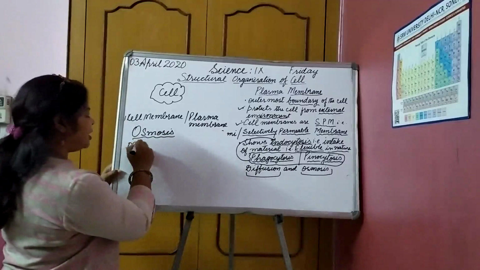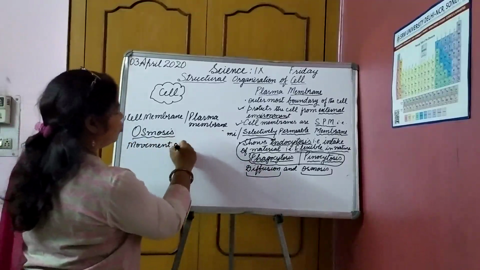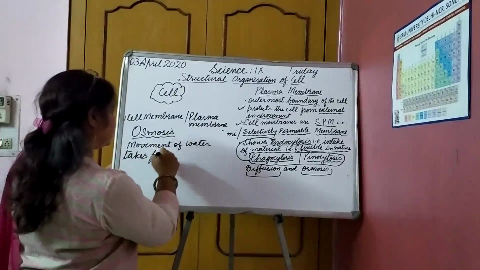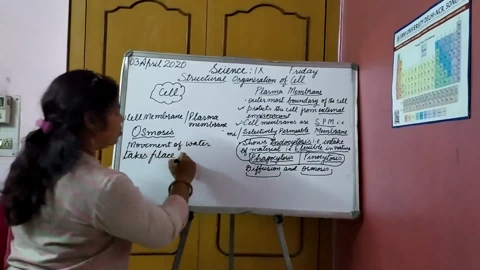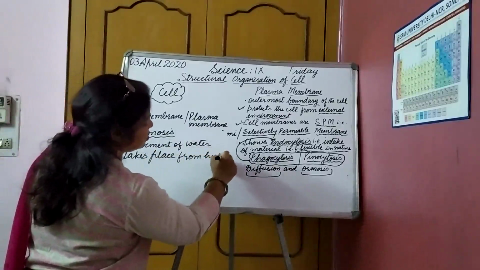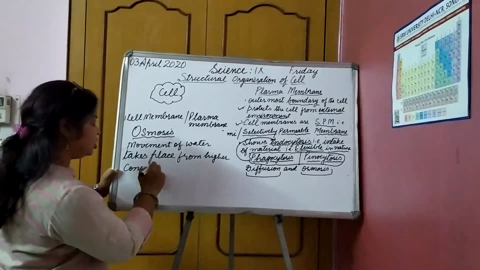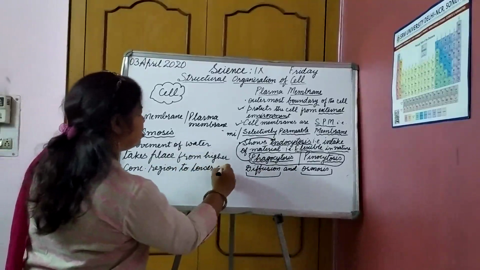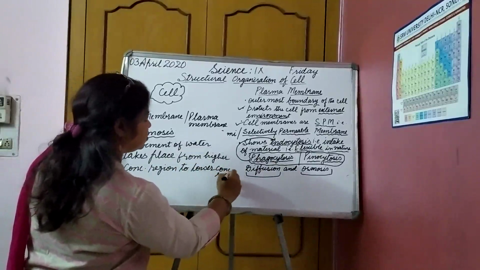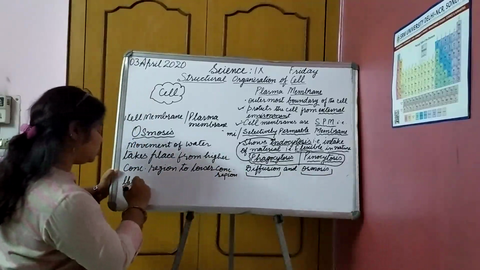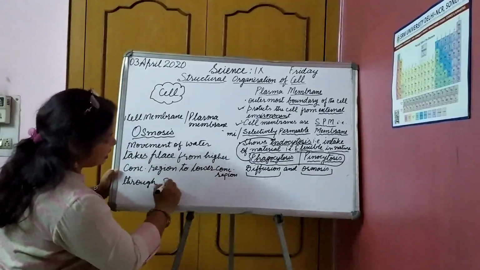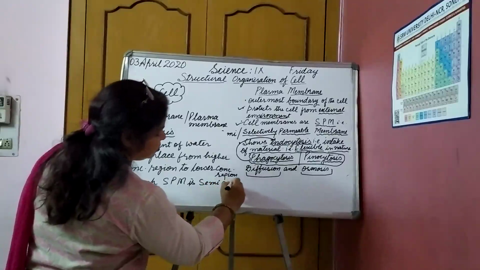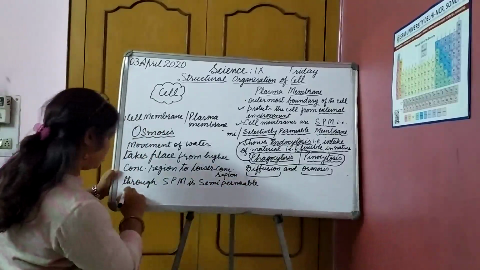In this, movement of water takes place from higher concentration region to lower concentration region through SPM, that is, semi-permeable membrane.